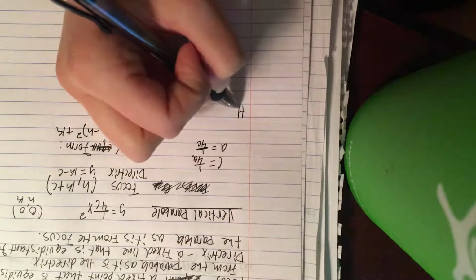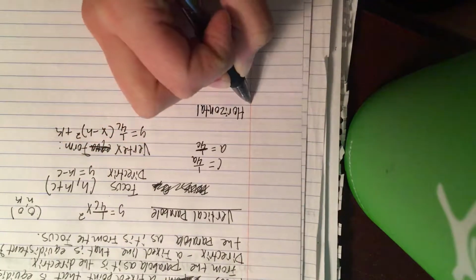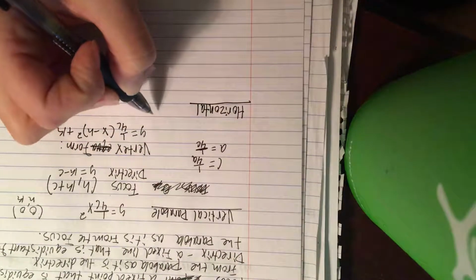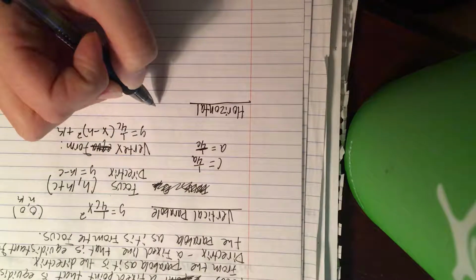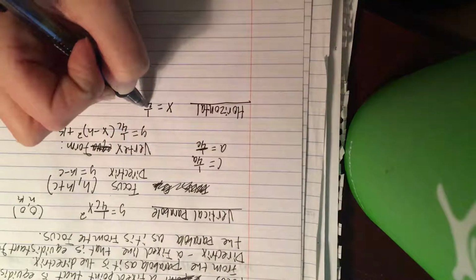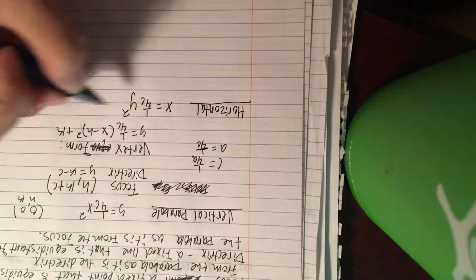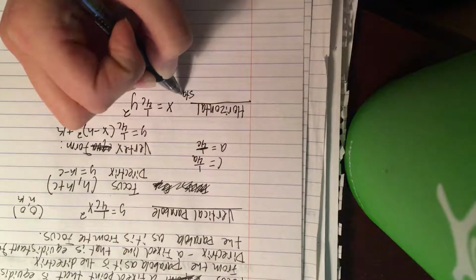So let's go to horizontal. That is going to be kind of flip-flopped. The standard form is x equals 1/4 c y squared.